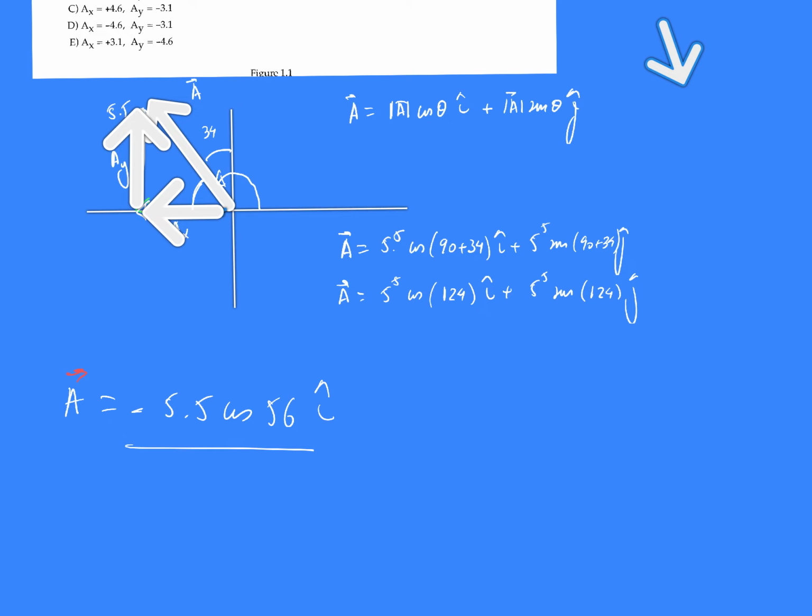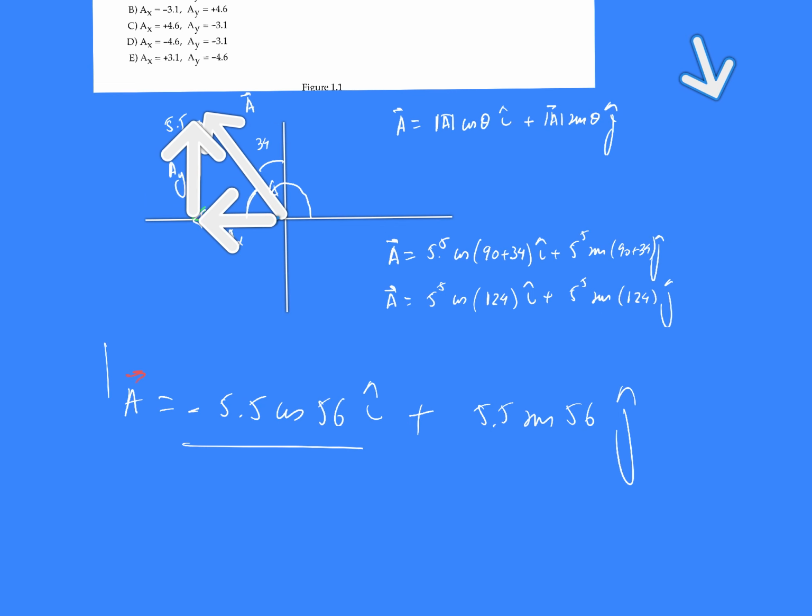and now I have to sum this one. What is the magnitude of this one? Well, the magnitude of this one is 5.5 sine of 56. In what direction? Going up, in the j direction.